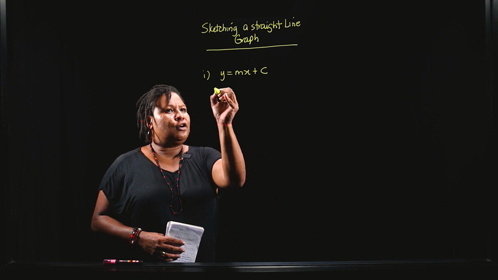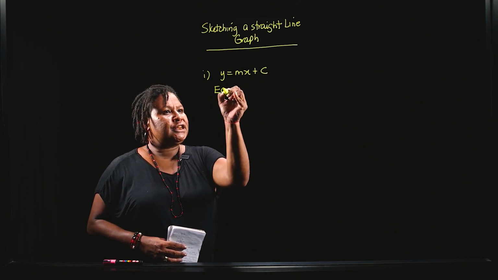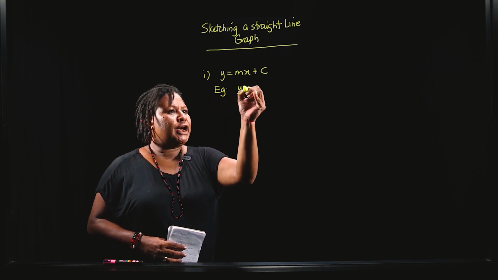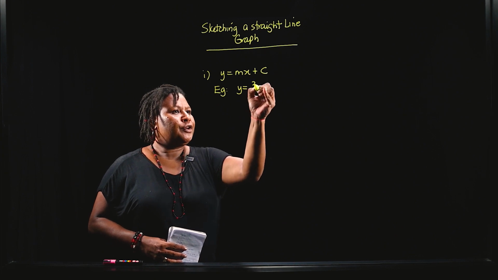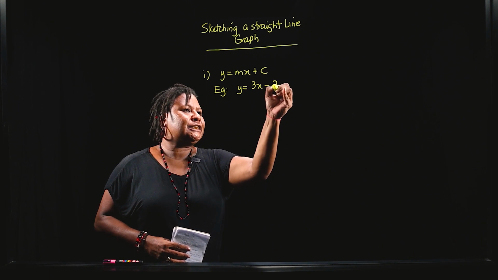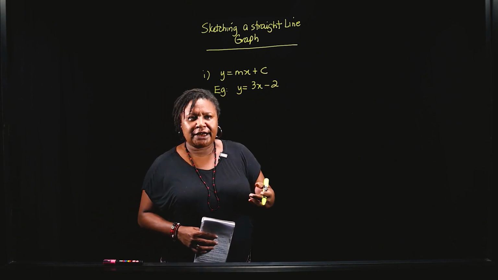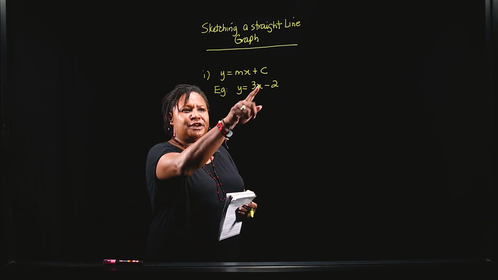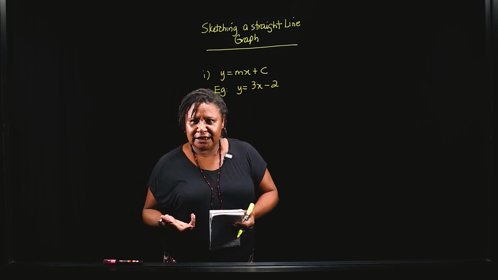So an example of an equation in this form is y equal to 3x minus 2, where 3 is the gradient and negative 2 is the intercept.